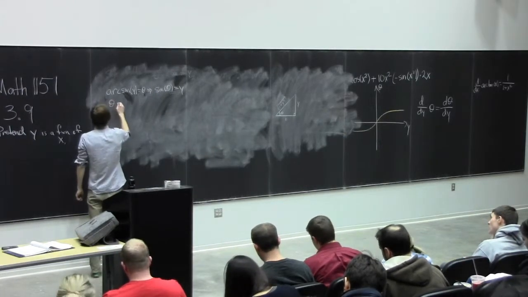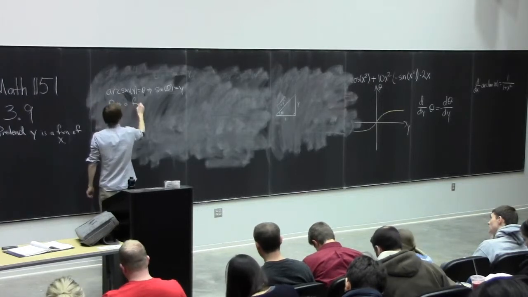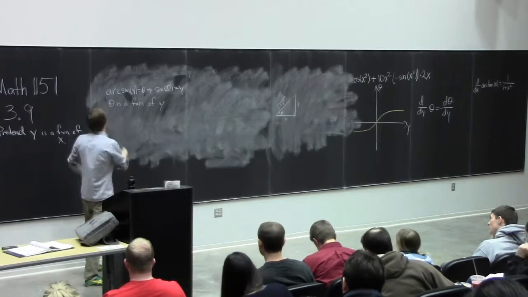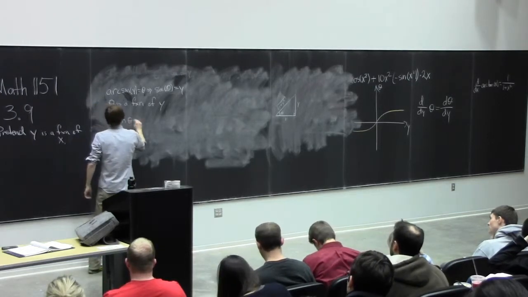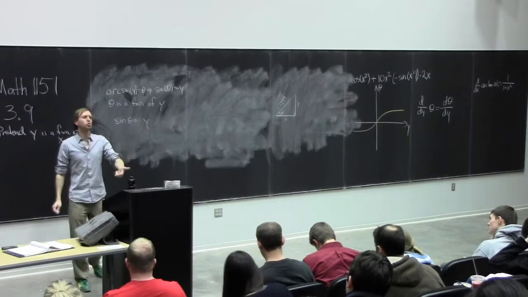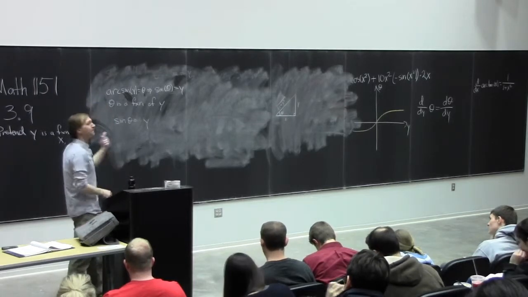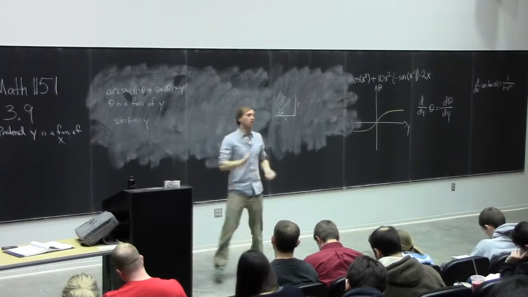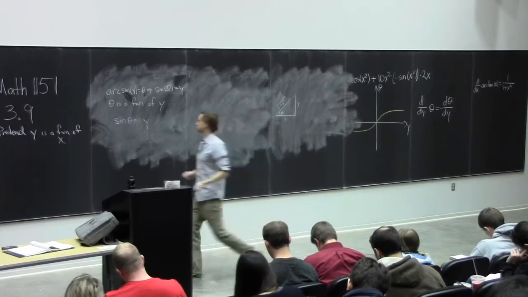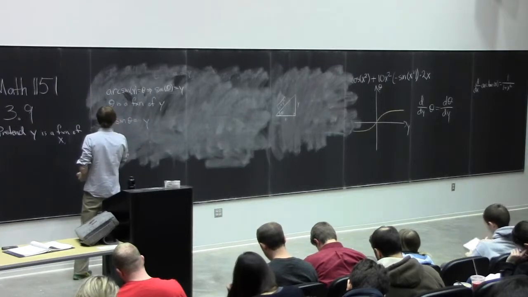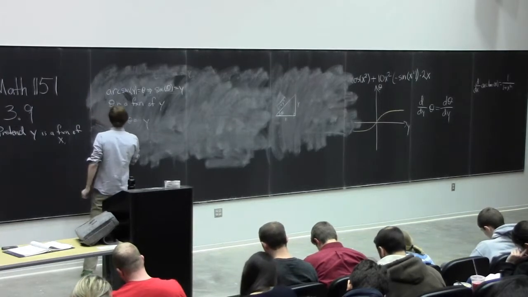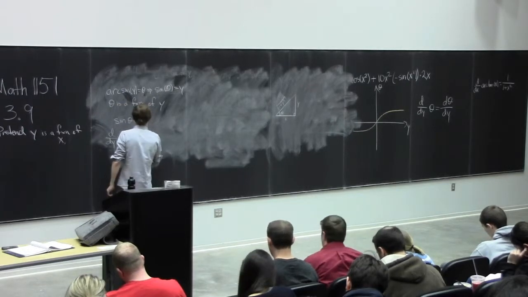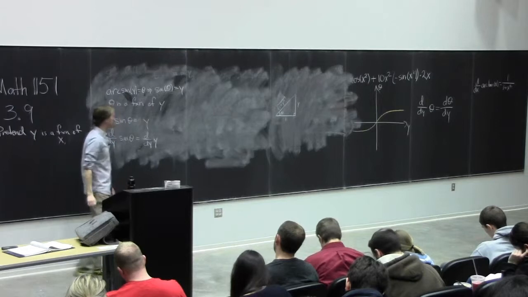So theta is a function of y. And I know that sine of theta is equal to y. Let's take the derivative on both sides with respect to y. So we have d dy of sine theta is equal to d over dy of y.